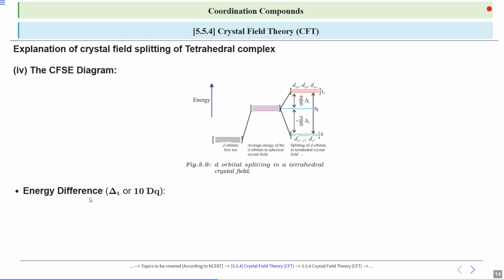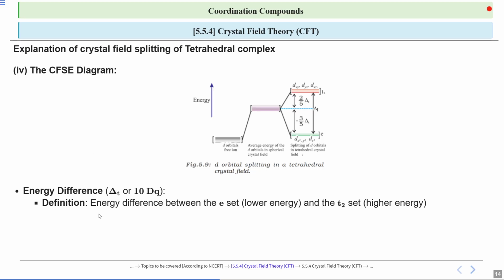So the energy difference, delta T or 10 dq, is defined as the energy difference between the E set, which is lower in energy in this case, and the T2 set, which is higher in energy.